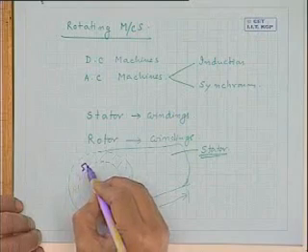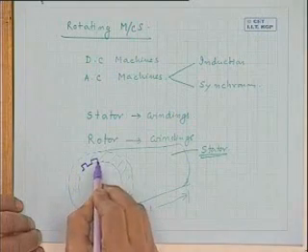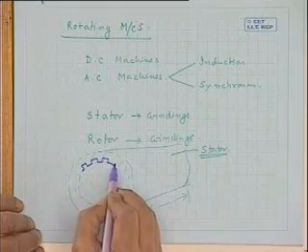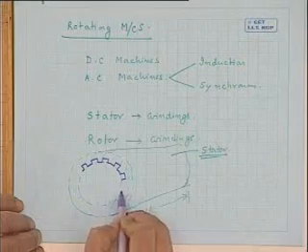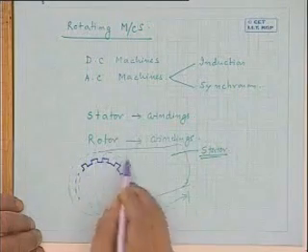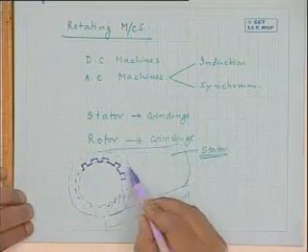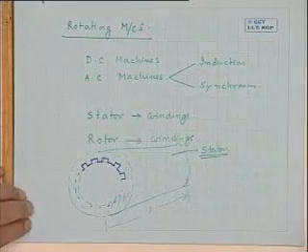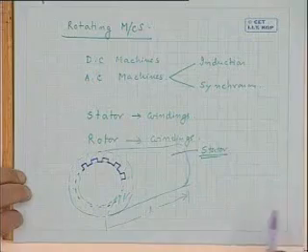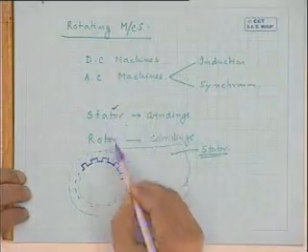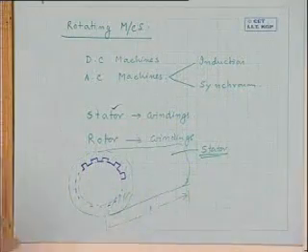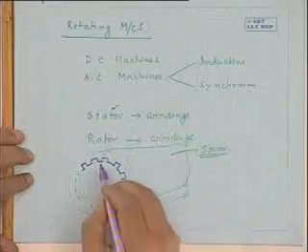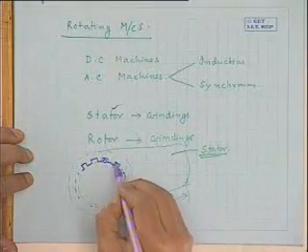Now, where will the windings be placed? Generally, the inner periphery of this stator will be slotted like this. I am not drawing all along the periphery, but it is slotted all along the length of the machine. So this is the stator made of iron, with a number of slots along the inner periphery.